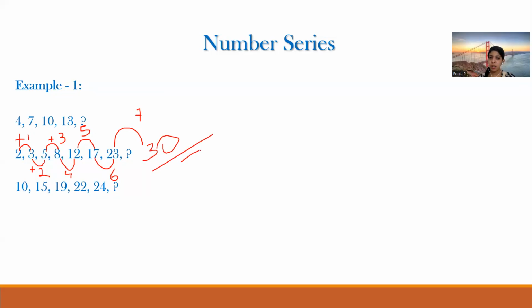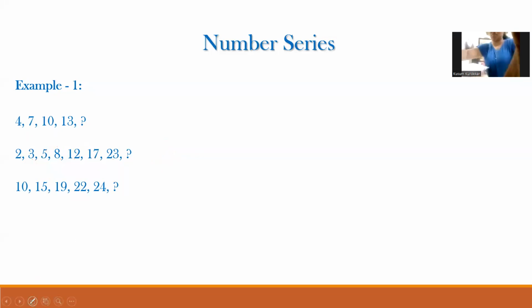All of you are fine with this example, no doubts? Okay, so the last one that we have, 10 to 15, it is plus 5. And 15 to 19 is plus 4.